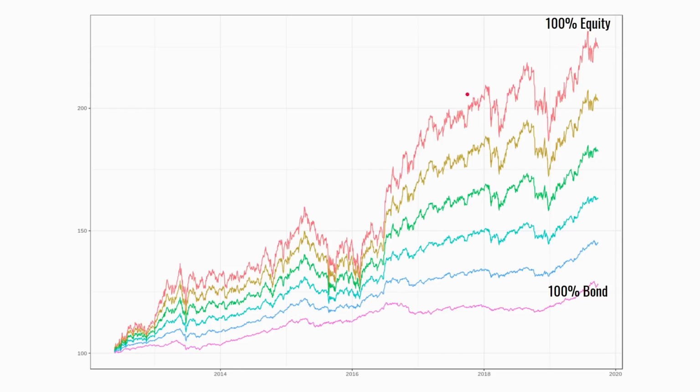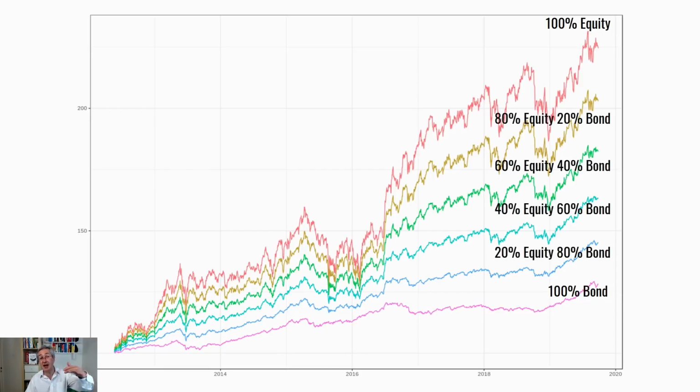But that comes with a huge amount of price volatility. But it's not just a binary choice. You can have any combination of equity and bond in a portfolio. The more equity you have in a portfolio, the greater the price risk. And you can dial that risk up and down very easily by adjusting your asset allocation, which is how much money you've got in equity and how much money you've got in bonds.